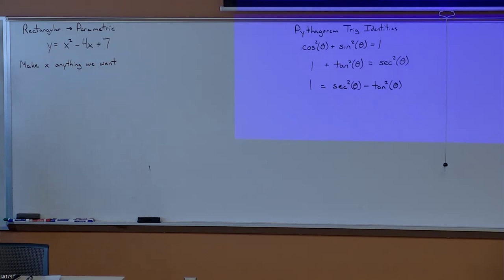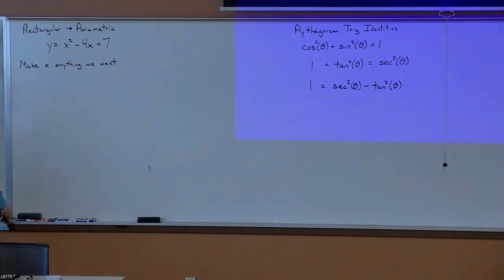So if you wanted to make x equals 7t plus 4, make x equals 7t plus 4. If you wanted to make your x equal to 3t minus 1, you make your x equal to 3t minus 1.